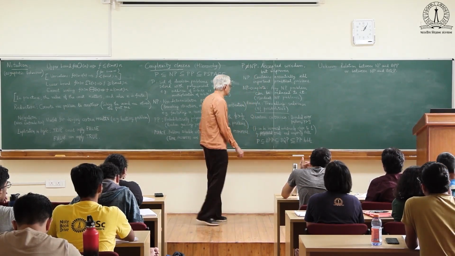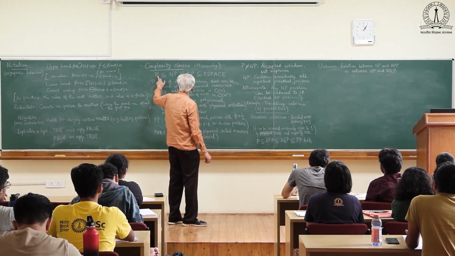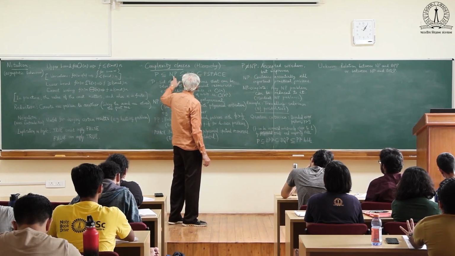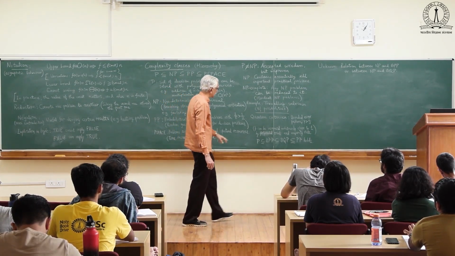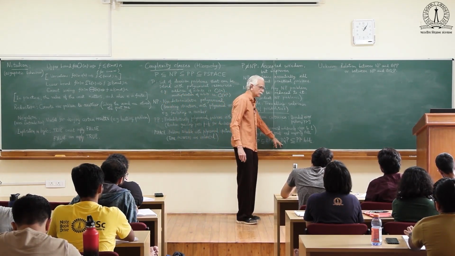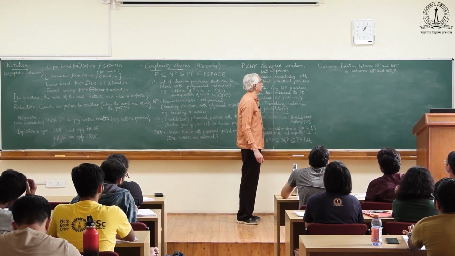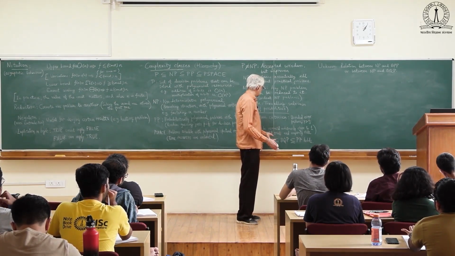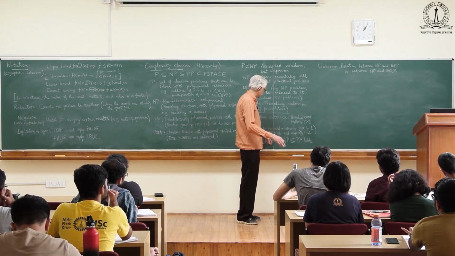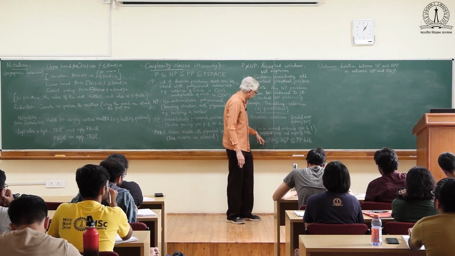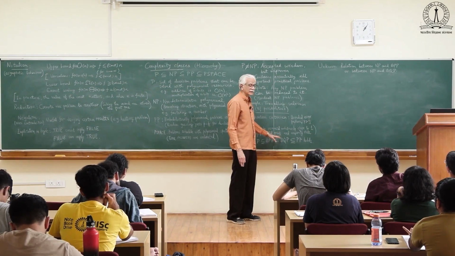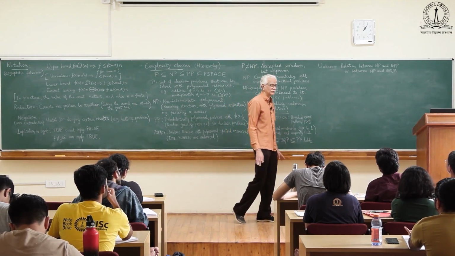So we have two connections between P and PP. One goes through this NP and one goes through this bounded error problems, but these two separate inclusions, which one is better and which one is not, nobody knows.